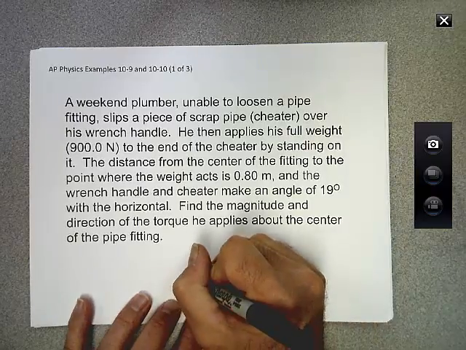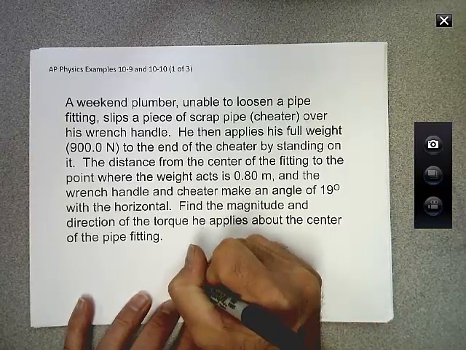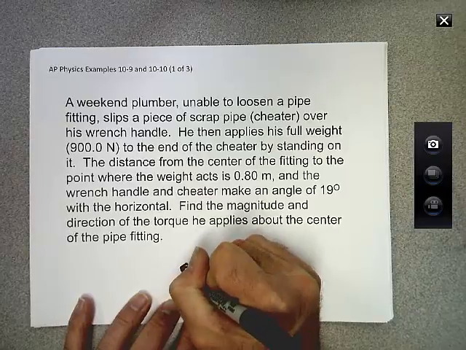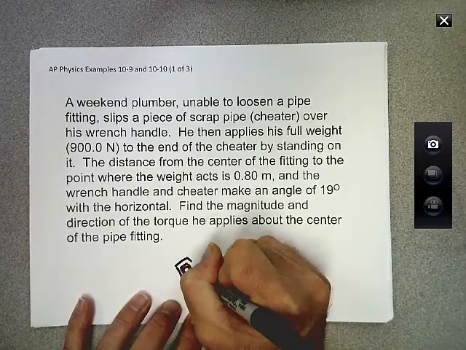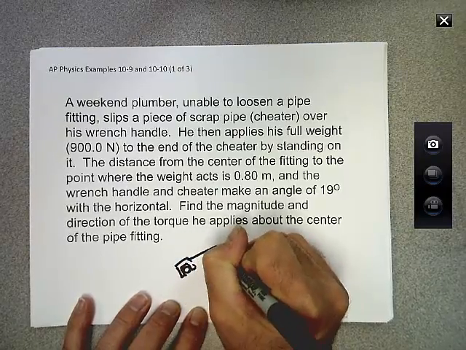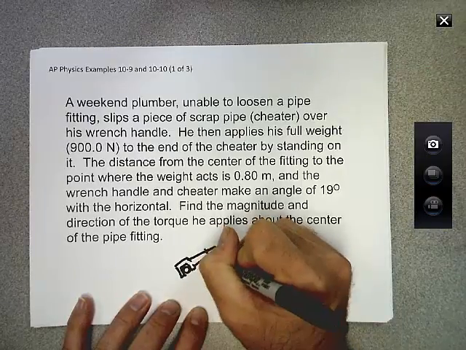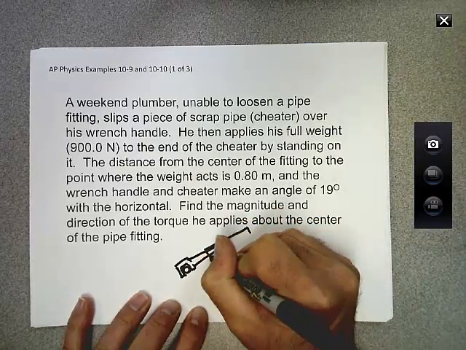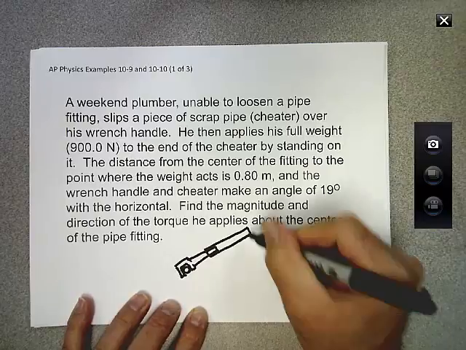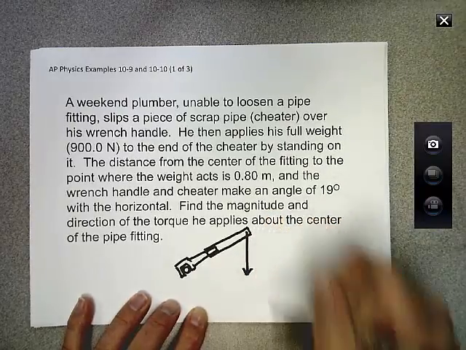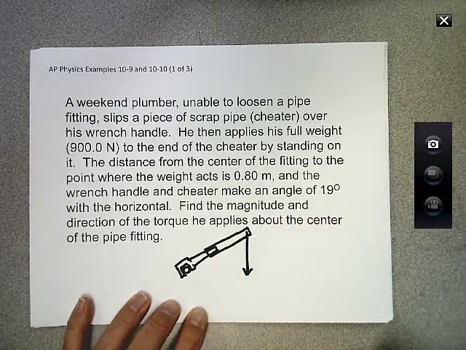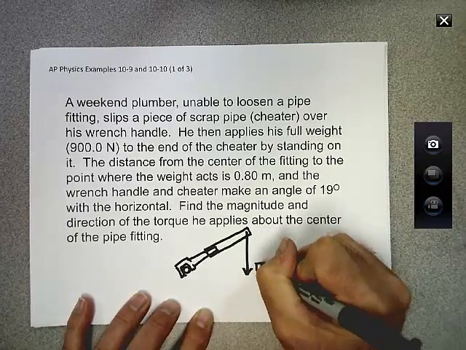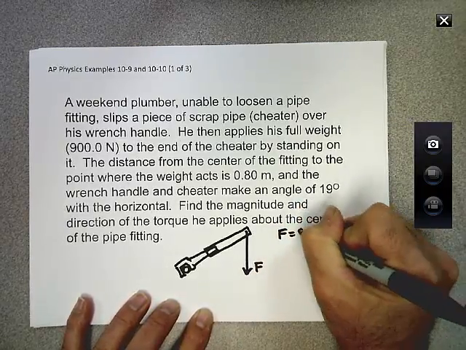All right, so let's say here is the pipe fitting. He puts a wrench on it. The wrench is too short, so he adds a piece of pipe. He applies his weight to it in this direction, and that's our force of 900 newtons.